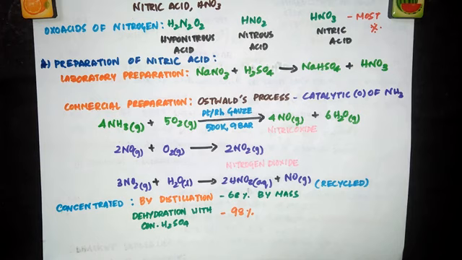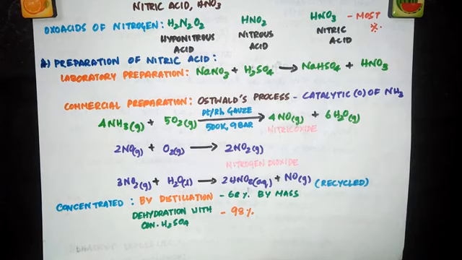In the lab preparation, nitric acid is prepared by heating NaNO3 and concentrated sulfuric acid in a glass retort. A glass retort is nothing but a glass bulb with a long curved spout, a bend kind of thing, through which the distillate may pass.